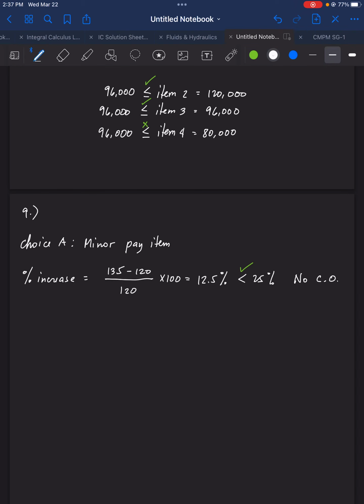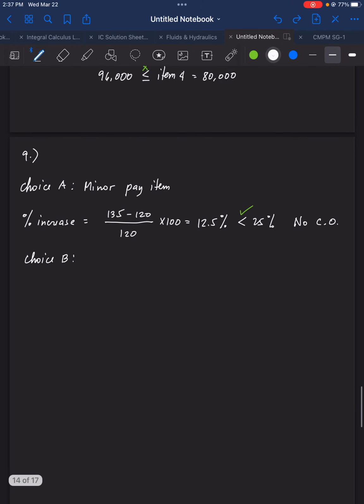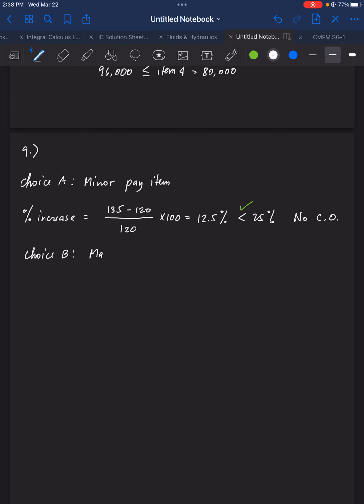Next, choice B, that is item number 3. It says a decrease in item 3 from 600 to 500. So this is a major pay item.